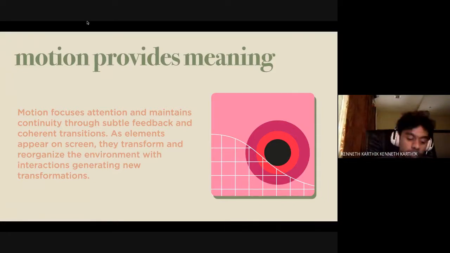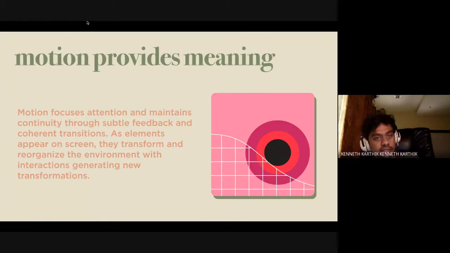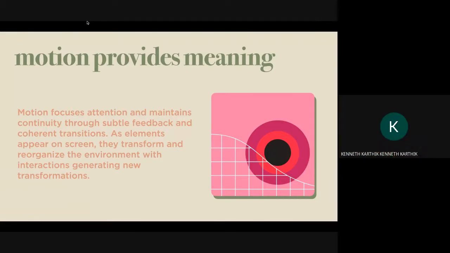The reason behind it is they're saying that it focuses your attention and maintains continuity through subtle feedback. Since, like I said before, mobile systems generally take advantage of haptics, but Google's applications work across both the web and on phones and on the desktop. So what they've used instead of haptics is a more visual feedback.